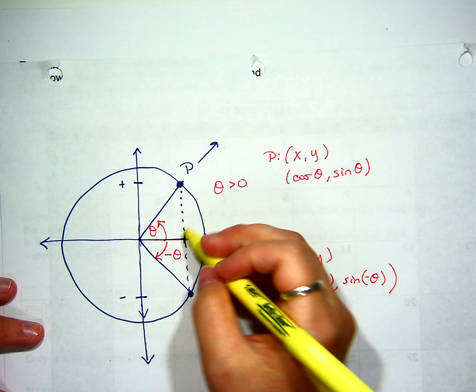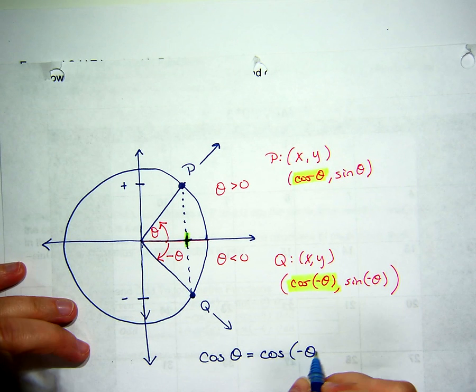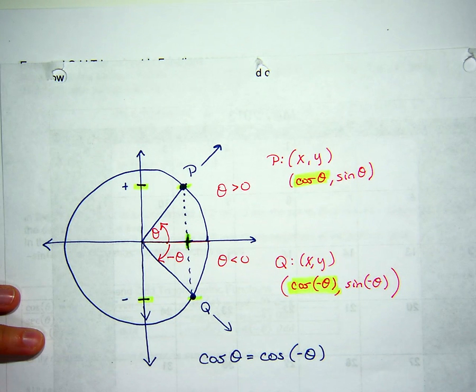That gives you the same value, meaning that cosine theta is equal to cosine of negative theta. Now, we said that P and Q are equidistant from your x-axis. However, this is at a positive y, and this is at a negative y. So they are the same number, different signs.